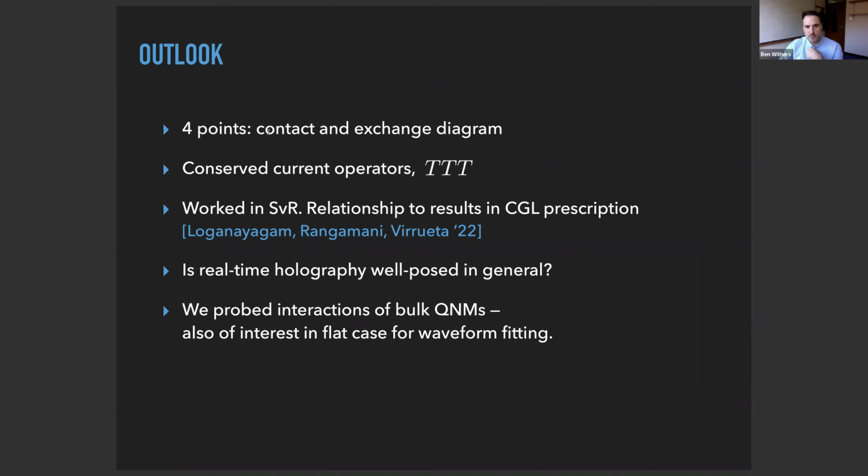Obvious generalizations are 4-point functions and conserved currents, since we just did scalar fields, and relationships between the different real-time formalisms. There is also the question of whether real-time holography, in the sense of these mixed signature spacetimes, is a well-posed problem for holography. If you specify these complex time contour boundary conditions, can you always fill it in in a way that's deterministic, or is there some ill-posed nature of this problem?